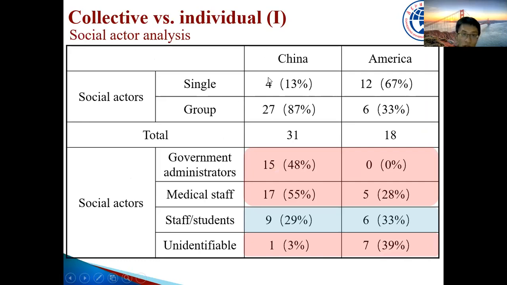While the Chinese corpus mainly presents their social actors in a group as a collective entity, the American one is more likely to present their social actors in singles as individuals.